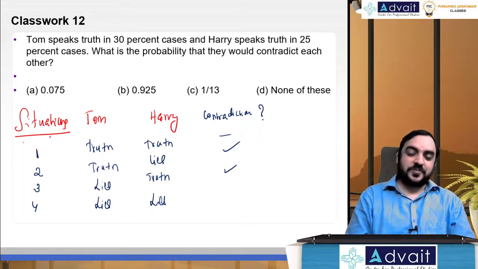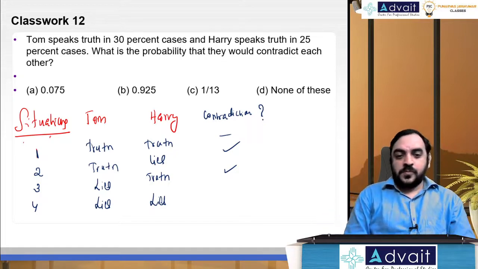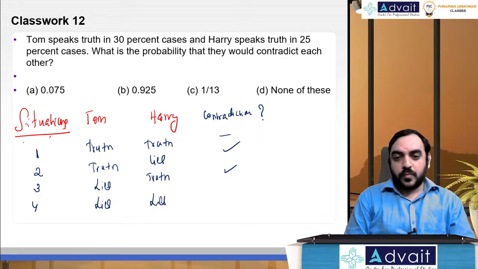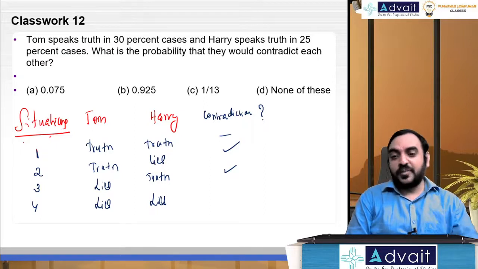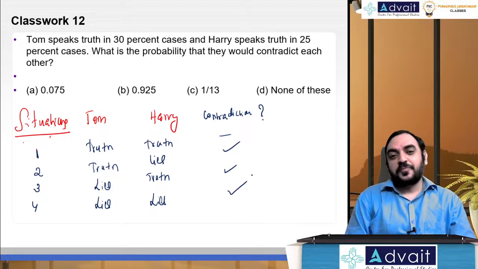What do you think? Both of them are lying. Interesting point is there is contradiction here.